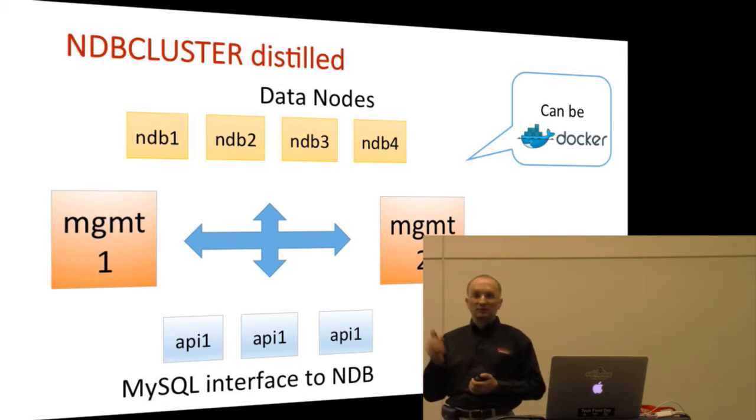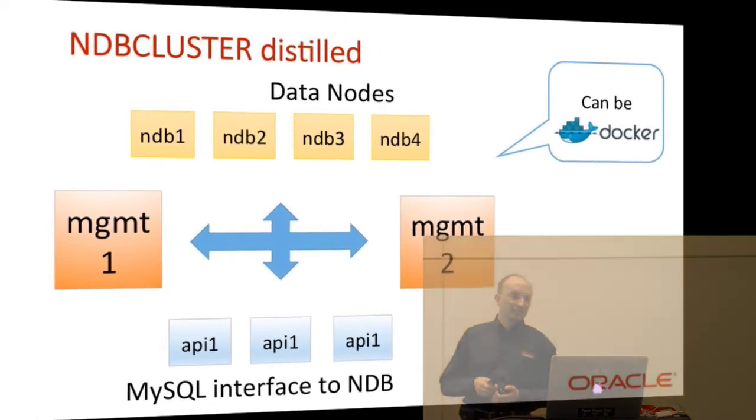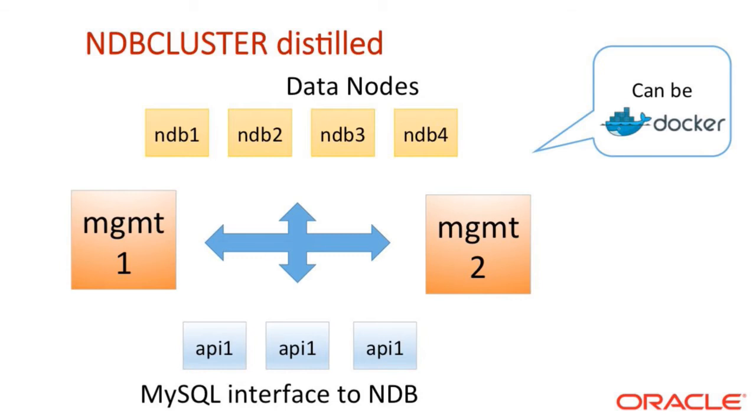Here I just show you a small architecture slide. MySQL Cluster actually has as a core the NDB cluster engine. This is called NDB for short, or network database. And we have three types of nodes. So-called NDB or data nodes, where we store data.